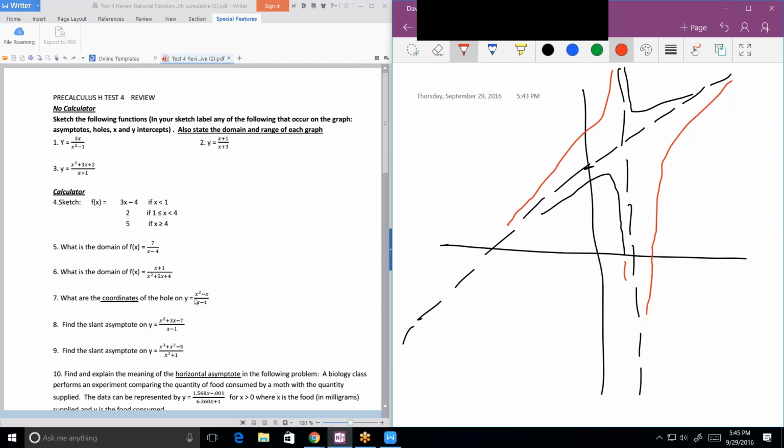Excuse me, sorry, number 8. If I plug in 2, I get 4 plus 6 is 10 minus 7, I get 3 over 1. So when I plug in 2, which is right there on the x-axis, I get 3. Well, I can't tell.